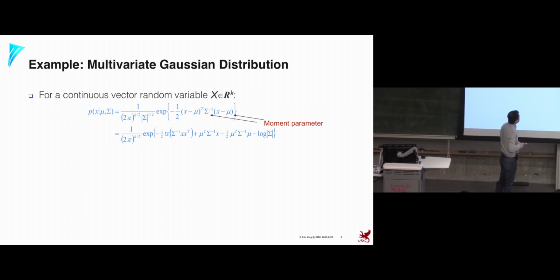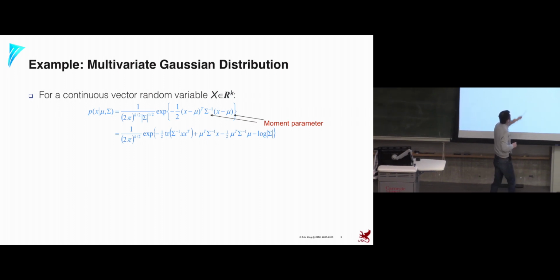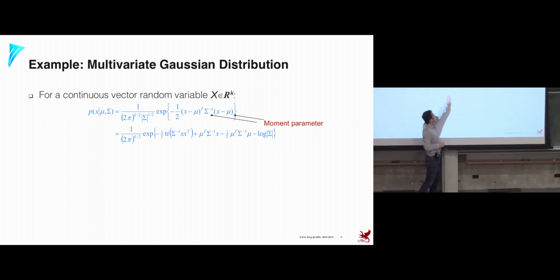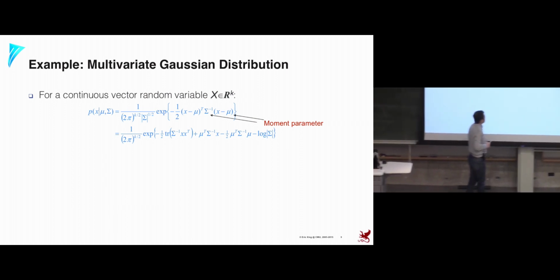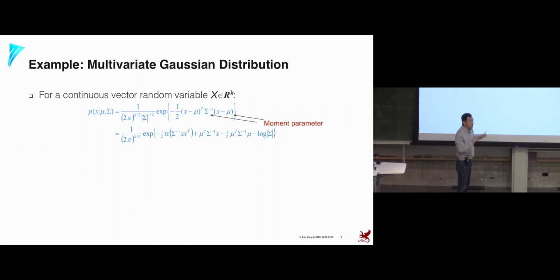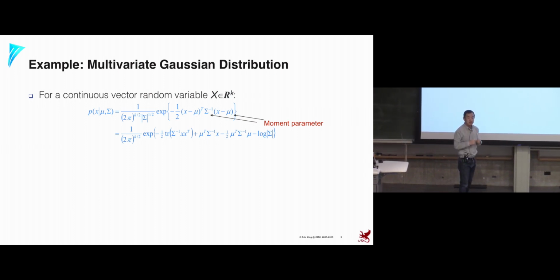After some rewriting, you will see this expression of the same distribution, which exposes the so-called linear dependencies between some forms of the random variable, such as x and x transpose x, versus the parameters. Okay.